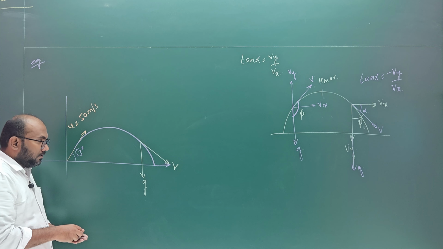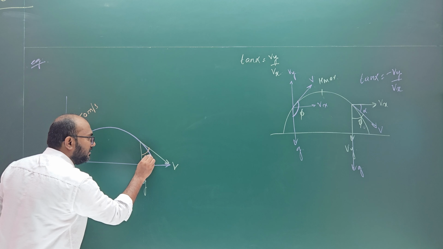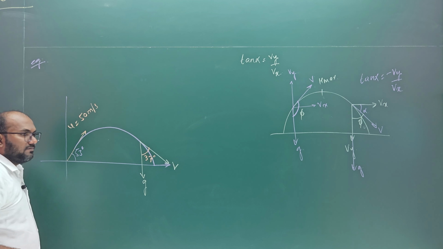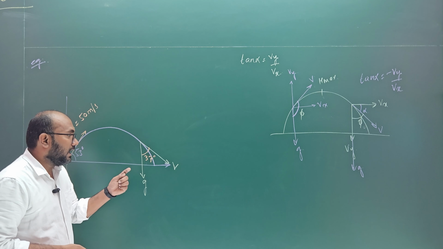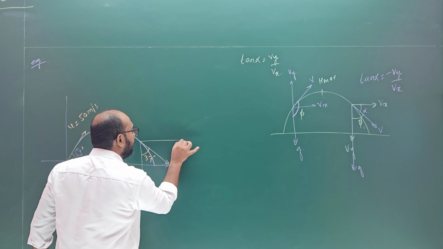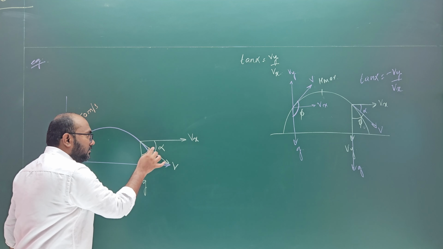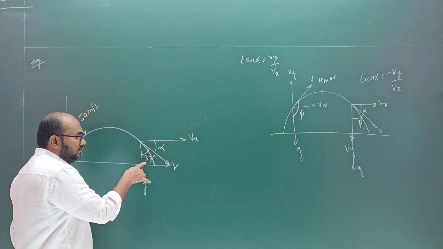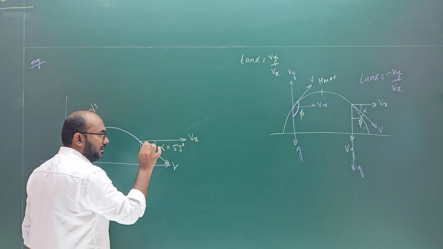Got my point? This angle is given as 37 degree. Can I say this is alpha? No. Alpha is always the angle between velocity vector and Vx. So this is your alpha. What is the total angle? 90 degree. If I subtract 37, what is left out? 53 degrees.